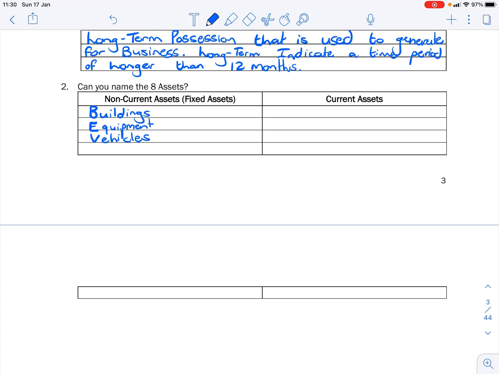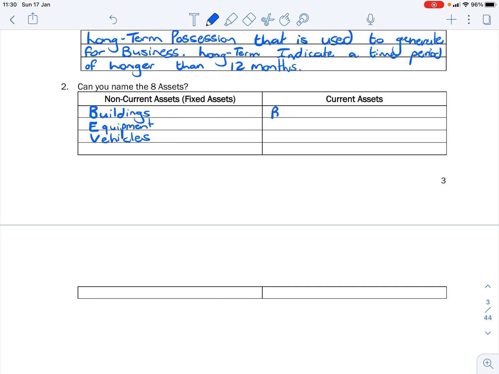If we look at our current assets, this is short-term, within a period of 12 months, so a year or less. And this is also used to generate income for the business, and it can be converted into cash quickly, hence we call it a current asset.